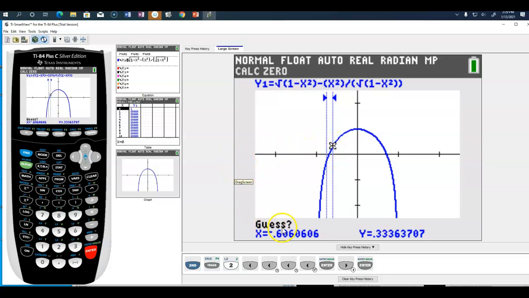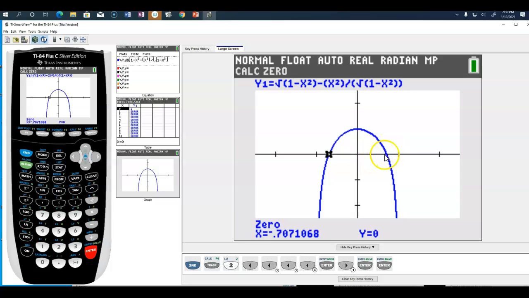Once you've done that, it says guess down here at the bottom, and all you have to do is push enter. And it will move your cursor right to the place where it needs to be. So that spot right there is negative 0.707. Negative 0.707.